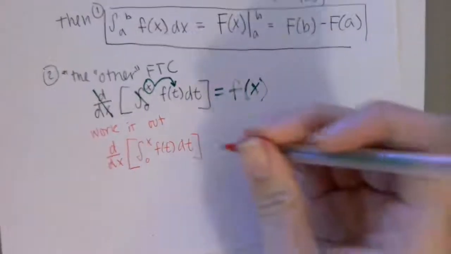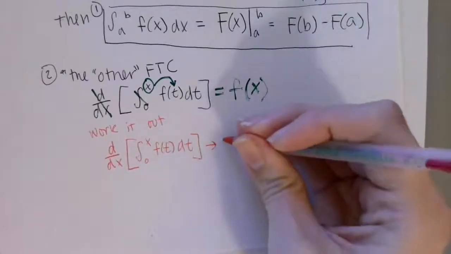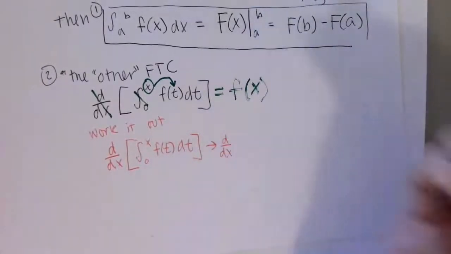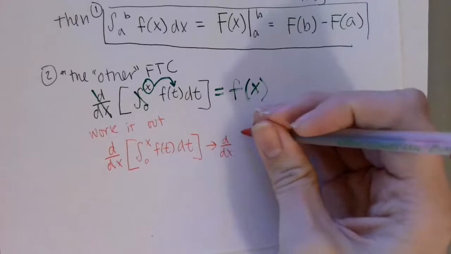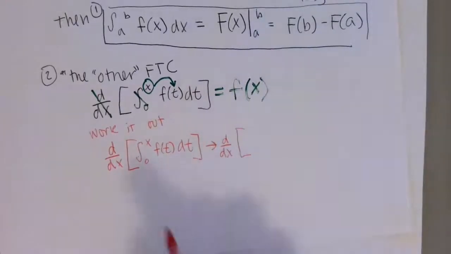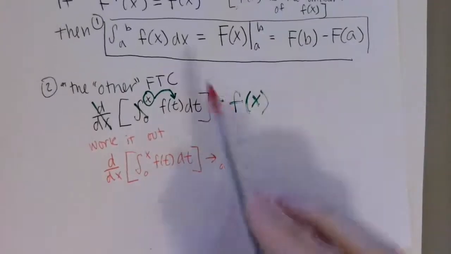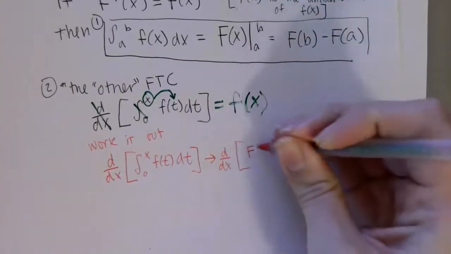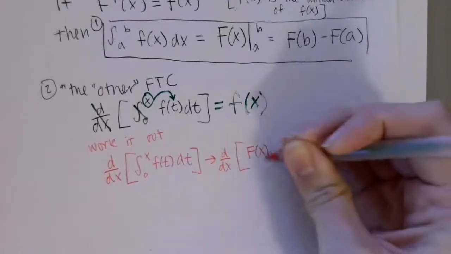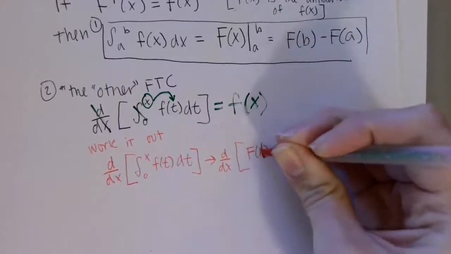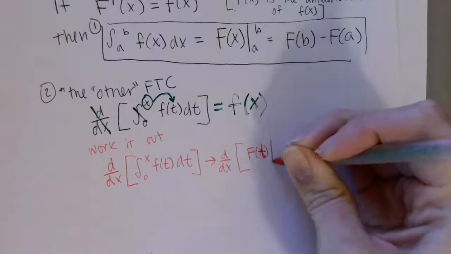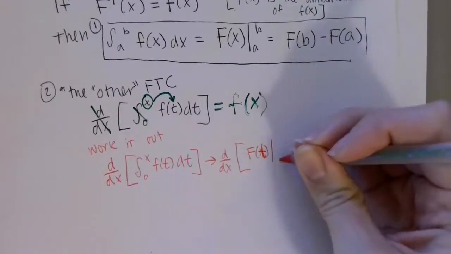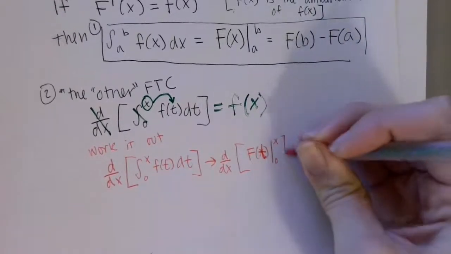I'm not going to take a derivative yet. d dx is going to hang out front. I'm just going to do this inside part, but we already know that the integral of little f is big F. So this is going to be big F of x, or excuse me, of t, evaluated from 0 to x.